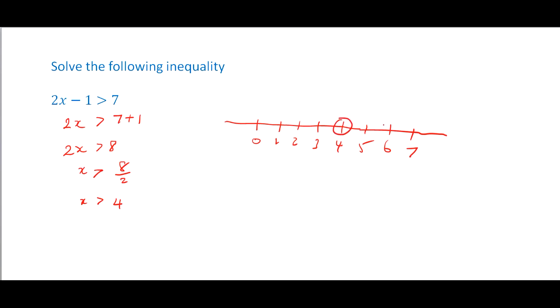We're not shading the circle, and we put in an arrow facing this way. So if you had to represent a solution on a number line, this is what it looks like. And if they ask you for a particular value of x, since x is greater than 4, x could be 5, 6, 7 onwards.